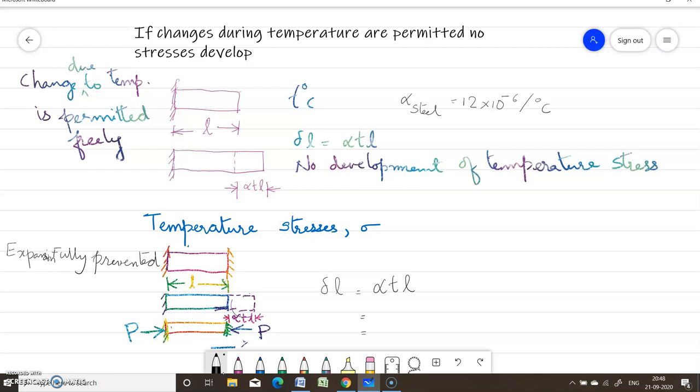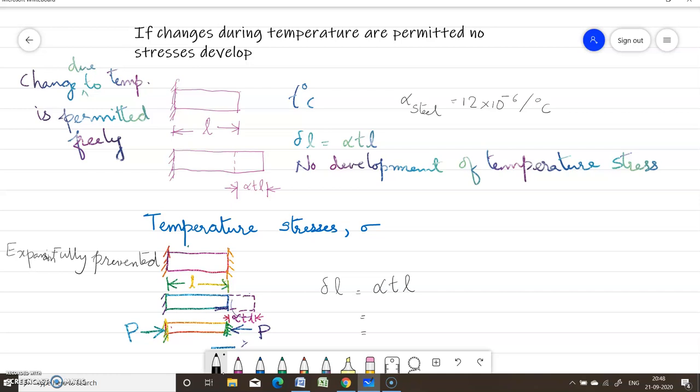If the bar is free to extend when the temperature is increased by T degrees Celsius, its expansion is known as free expansion, and it would have been equal to alpha into T into L. But this extension is completely prevented in this case by the forces developed by the supports.